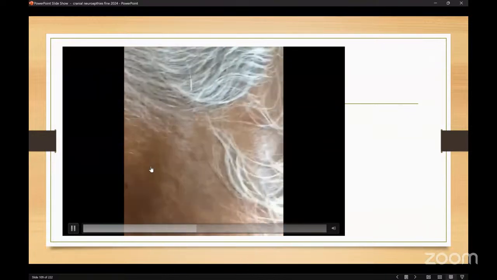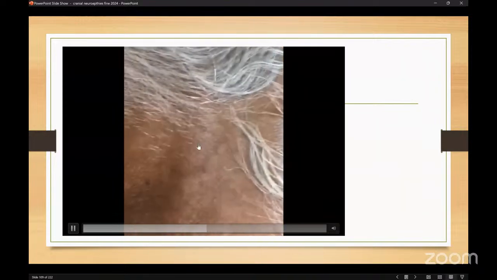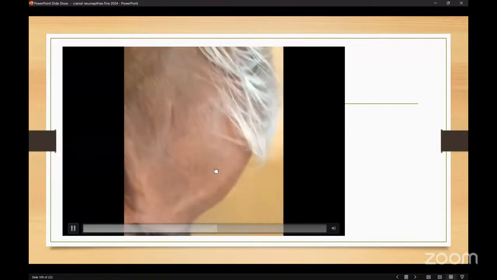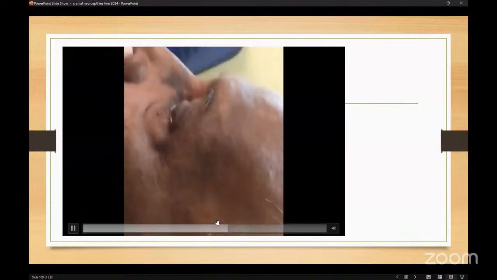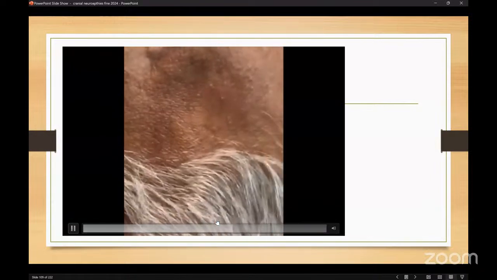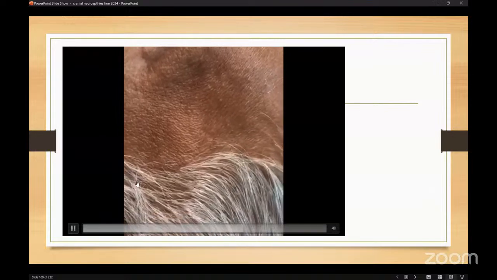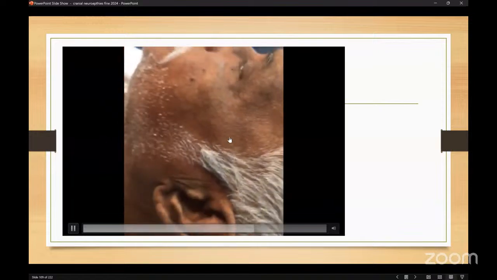You can see temporalis contracting here nicely. Yeah, you can see here the temporalis is not contracting on the left side. On the right side, it was nicely seen that temporalis bulk was seen.